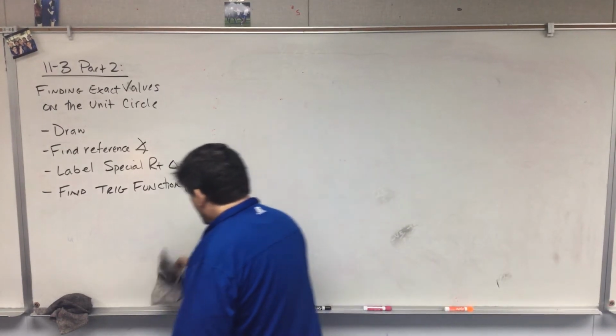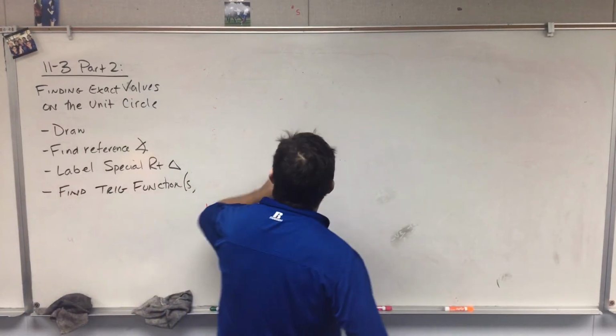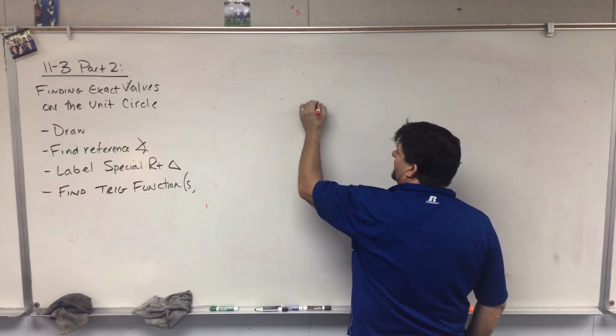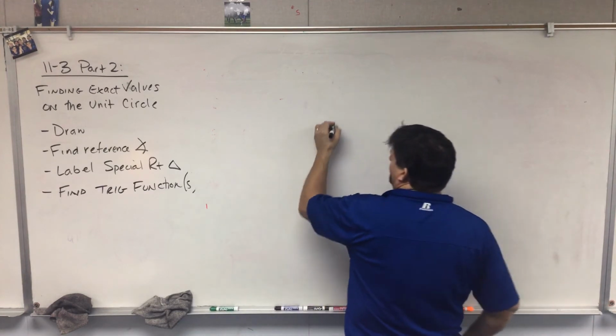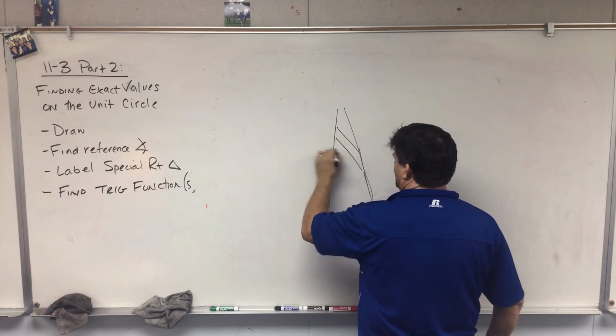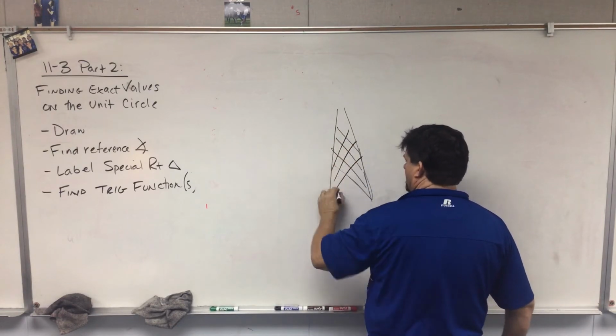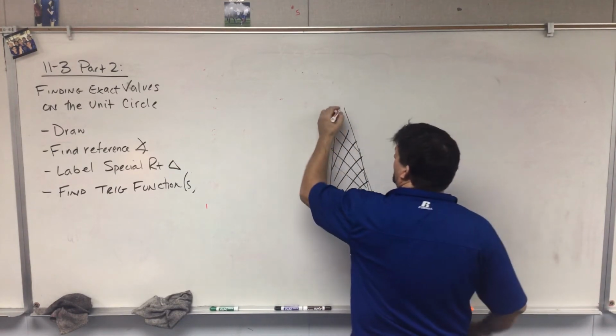One of the examples says I have a ride. So I've got this tower here, and I've got this arm on it.